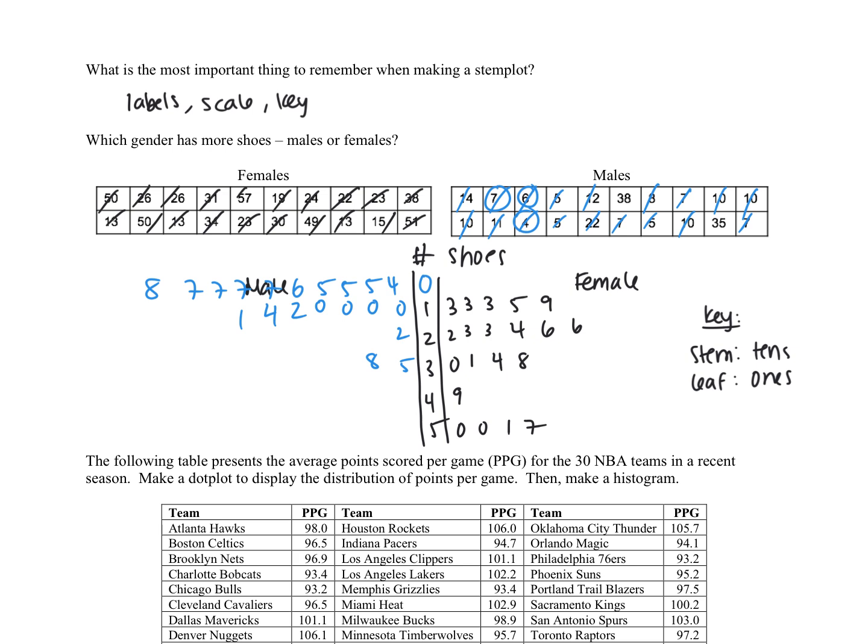Okay, a few things you need to know. The first thing is you only want one number in the leaf. So you might have something like, we're looking at the number of pages in textbooks, right? And let's say that the number of pages go anywhere from 103 to 745.